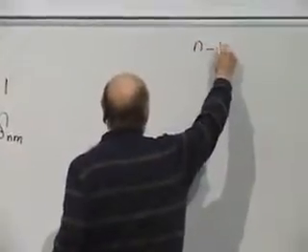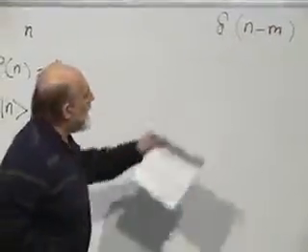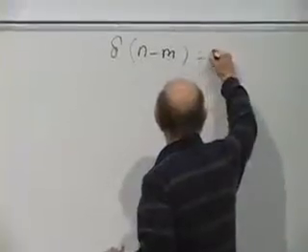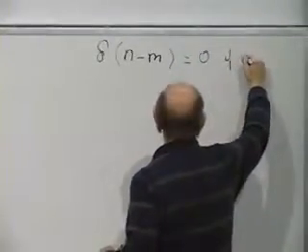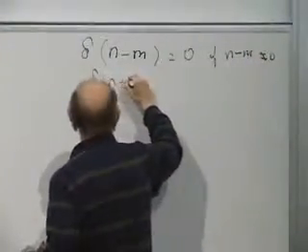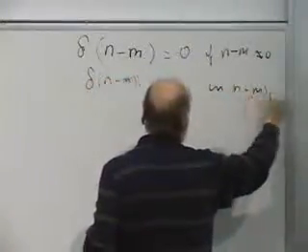Now, we can always think of delta nm, which looks like it's a function of two discrete variables, as really a function of only one discrete variable, namely n minus m. We could call it delta of n minus m, with the rule that when n minus m is anything but 0, delta of n minus m is equal to 0, and delta of n minus m is equal to 1 if n minus m is equal to 0.